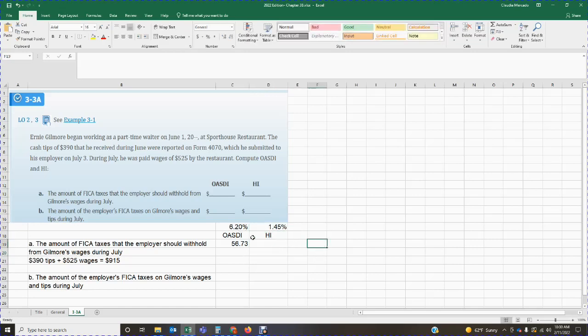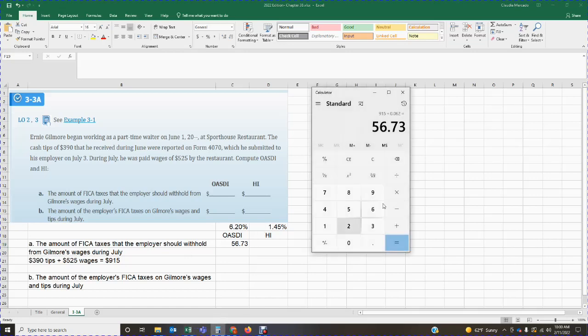Now for my HI, how much is the employer going to withhold from Gilmore's pay in the month of July? Well, we're going to get the $915, the tips plus the wages, and we're going to multiply by 1.45%, and that's going to give me 13.2675. Now remember, we need to look at that third digit. If that third digit is a 5 or greater, then we need to round up 1 on that second digit. So in this case, the answer is 13.267.